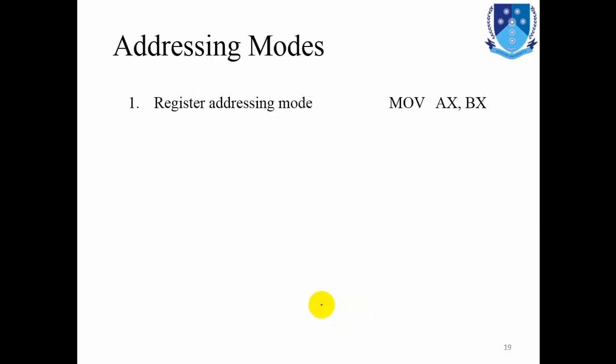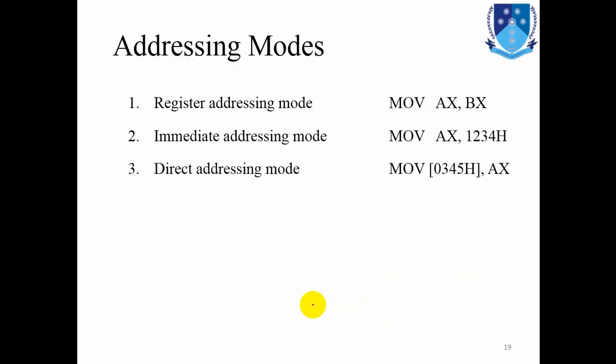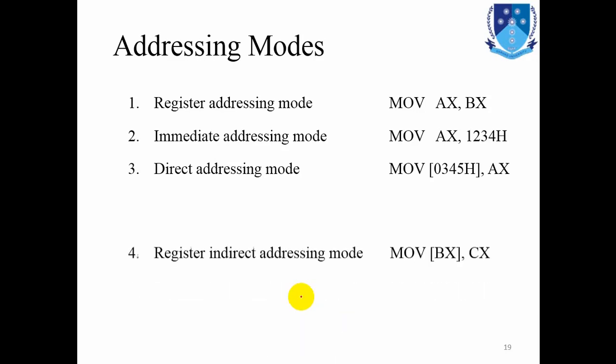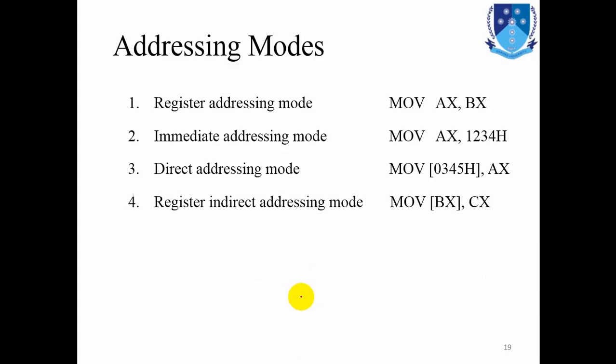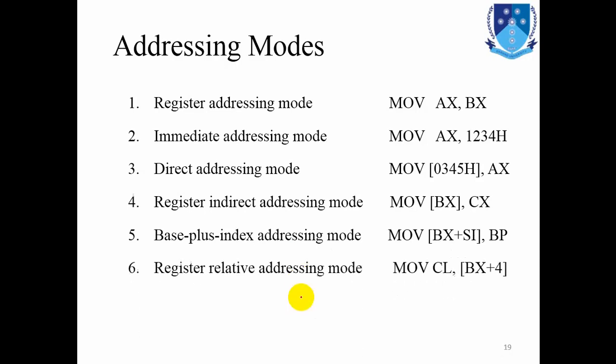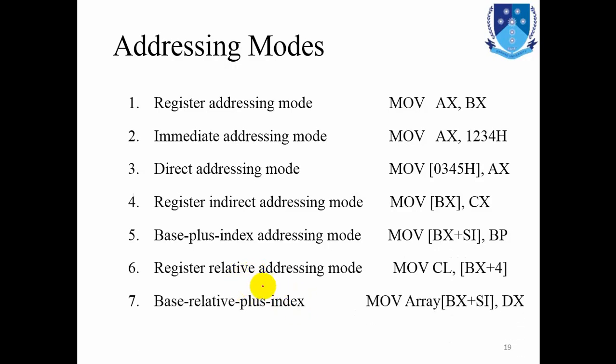The addressing modes. Every computer system uses different types and different numbers of addressing modes. In case of the 8086 microprocessor, you have learned that it uses 7 different addressing modes. Here all these addressing modes with their examples are shown.